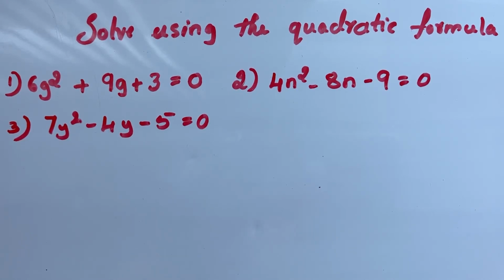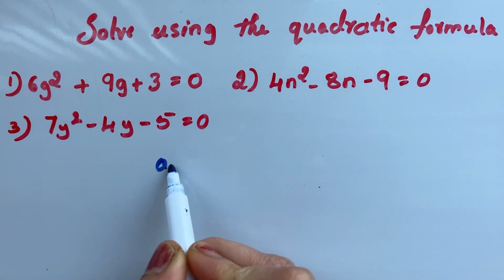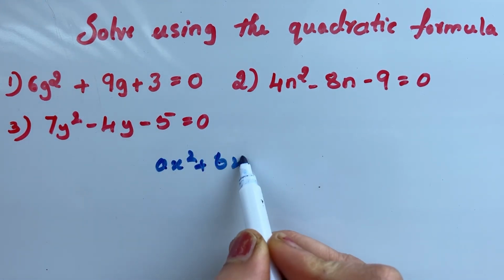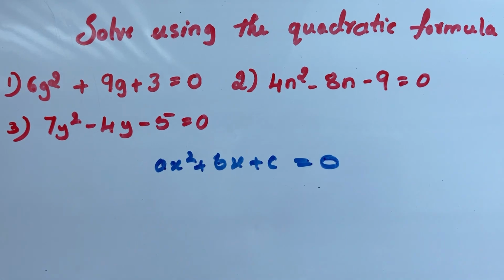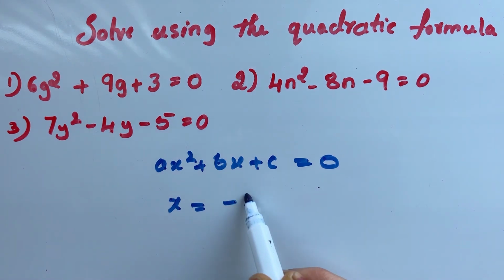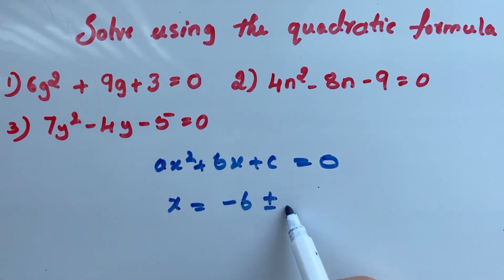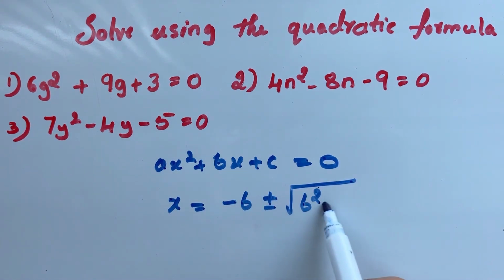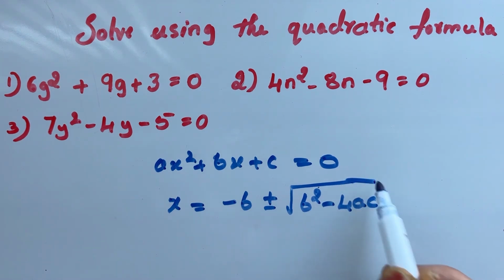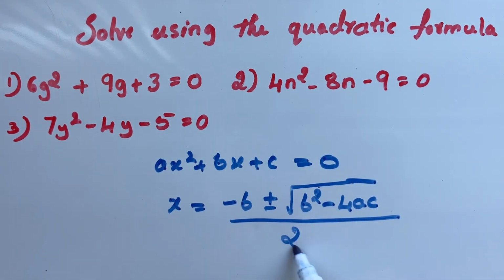Today we are solving quadratic equations using the quadratic formula. For any quadratic equation ax² + bx + c = 0, the quadratic formula is, here x is our variable, x = (−b ± √(b² − 4ac)) / 2a.